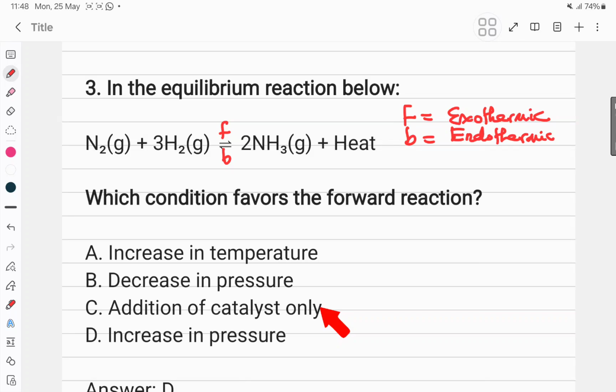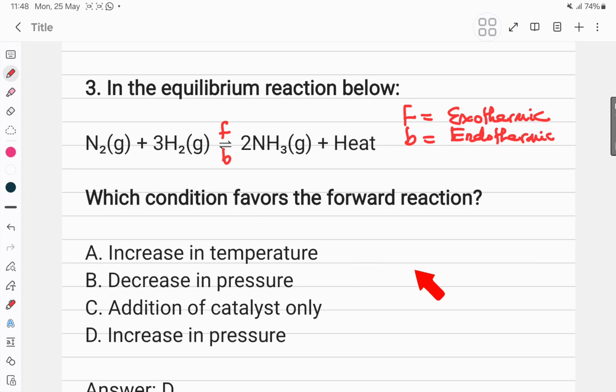Now, if you consider the effect of change in pressure on this reaction, when pressure is increased, the equilibrium position will shift to the side where the total volume or moles of gases is lower. At higher pressure, equilibrium will shift to the side where the total number of moles of gas is less.